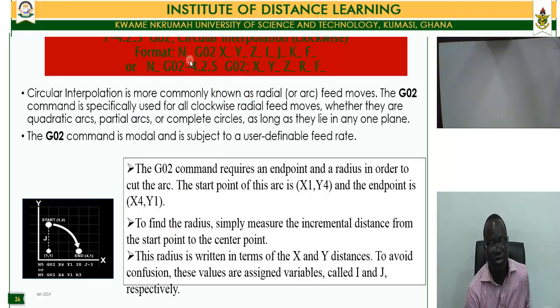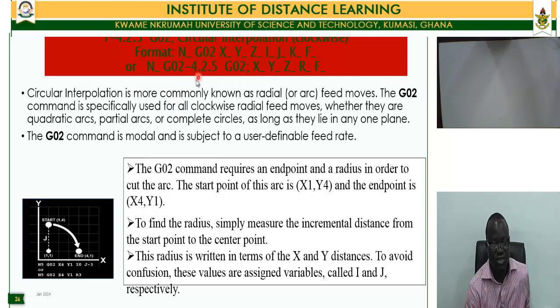Then you have the x, y, z coordinates, the position. And then you have I, J, K, and then the F, which is the feed rate. I'll talk about the feed rate and the IJK shortly.